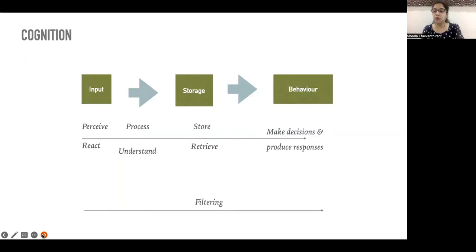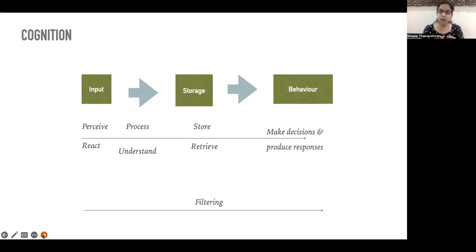Now let's move on to what is cognition. The very fact that you're listening to me, trying to understand and decipher all the lectures you've heard before this, trying to perceive and react to it, is cognition. There's an input, you process it, you understand, then you store it. Once you've stored it, you try to retrieve it.